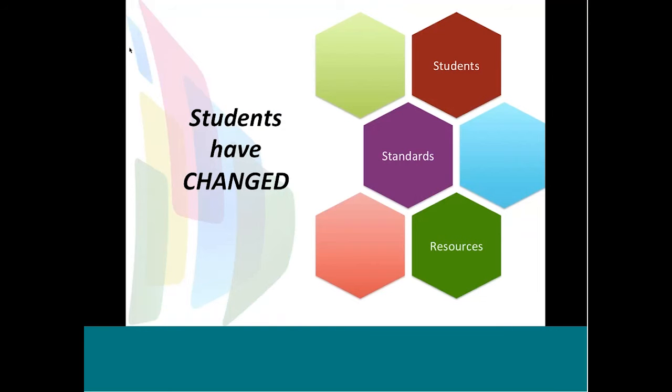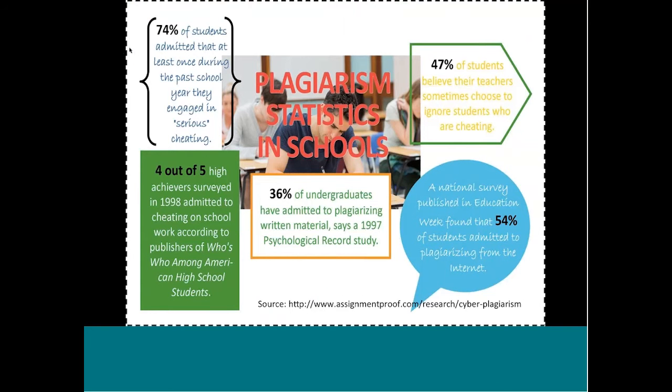This is no news flash to you, but if you've taught long enough, you know that the students sitting in your seats are not the same as they were 10 or 15 or 20 years ago. The kids, the millennials, are just completely different. And one place that shows up is really in plagiarism. Plagiarism is rampant. It always was there, but it's probably easier because of the internet. In fact, it's skyrocketed.